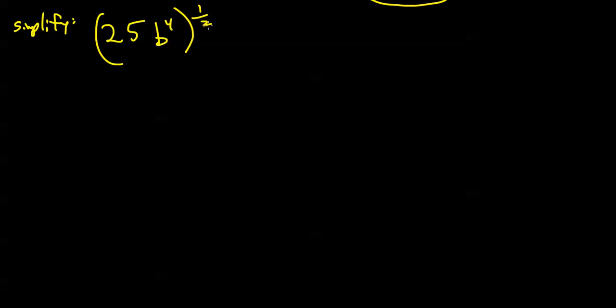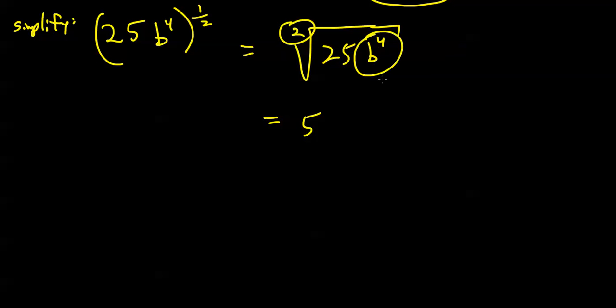Well, we all know that raising something to the 1/2 power is totally equivalent to taking the second root, or the square root, of that expression. And of course, the square root of 25 is 5, and the square root of b to the 4th power is, of course, b squared. And because b squared is always positive, we do not have to wrap anything in absolute value symbols here.